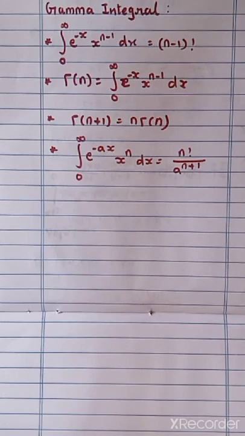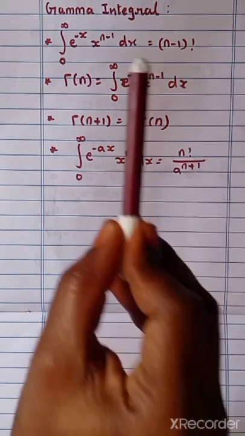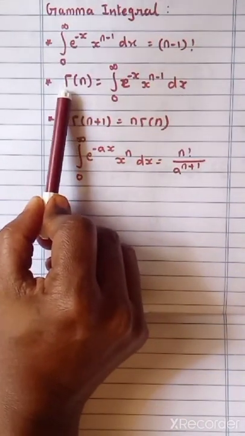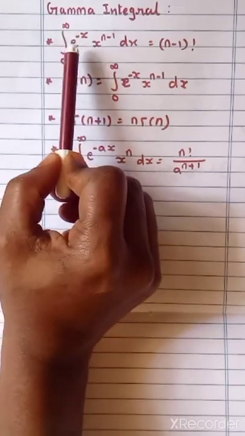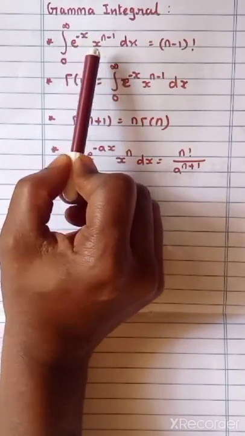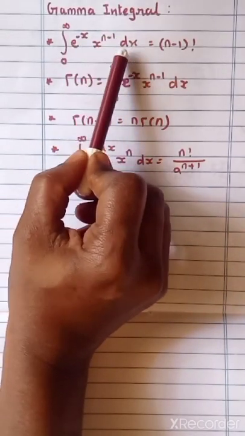So integral infinity வந்து ப்ராப்ளமில் ஃபங்க்ஷனில் e power x and x power n வந்தால் we can use this gamma integral. So how can we denote gamma integral? Gamma integral can be denoted by this symbol. Integral 0 to infinity e power minus x, x power n minus 1 dx.